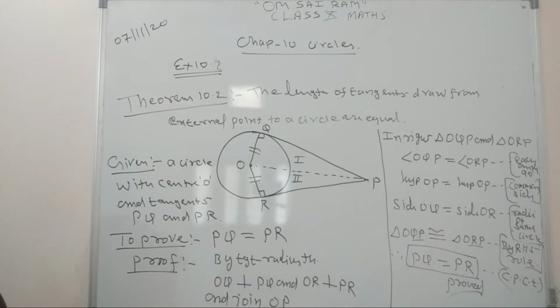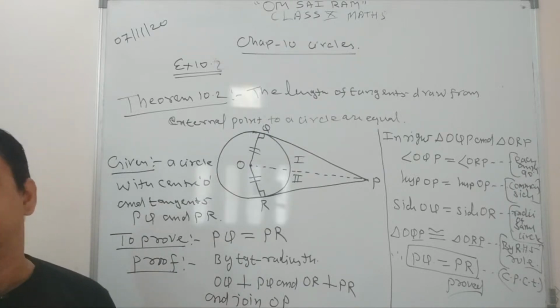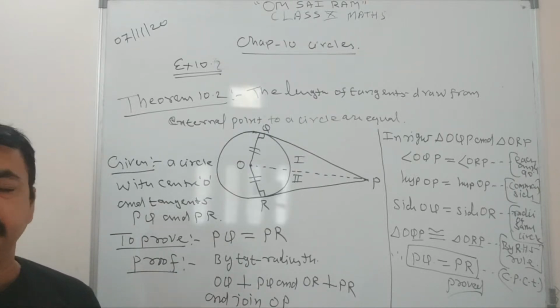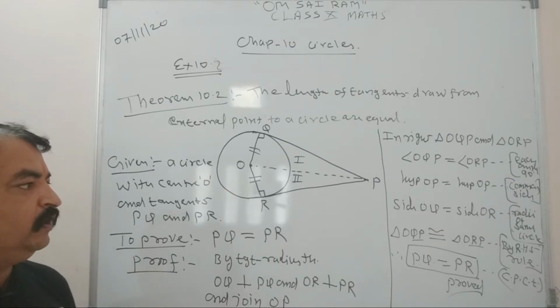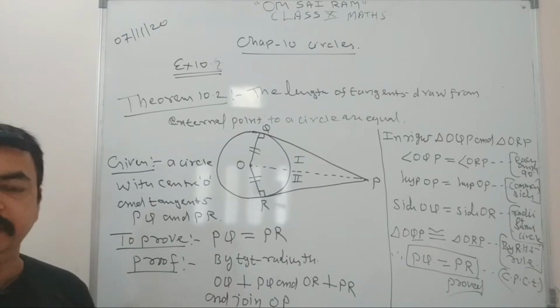Theorem 10.1, that is the tangent radius theorem, and Theorem 10.2, that tangents drawn from an exterior point to the circle are equal, children, right? So these two things we require, and definitely some general features of the circle which you are already aware of, to solve exercise 10.2.